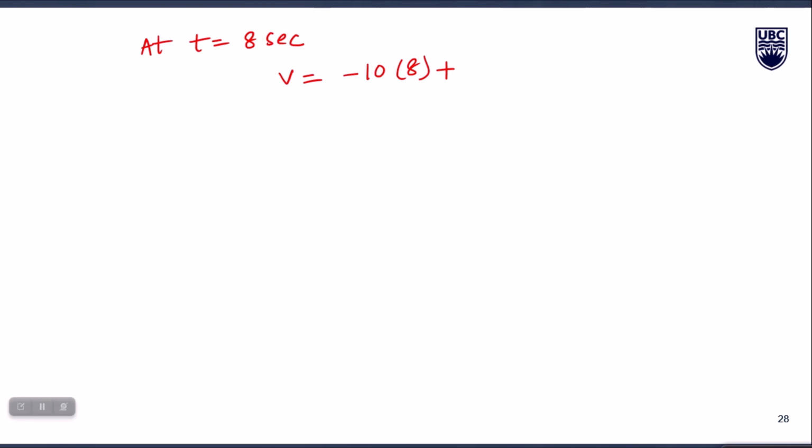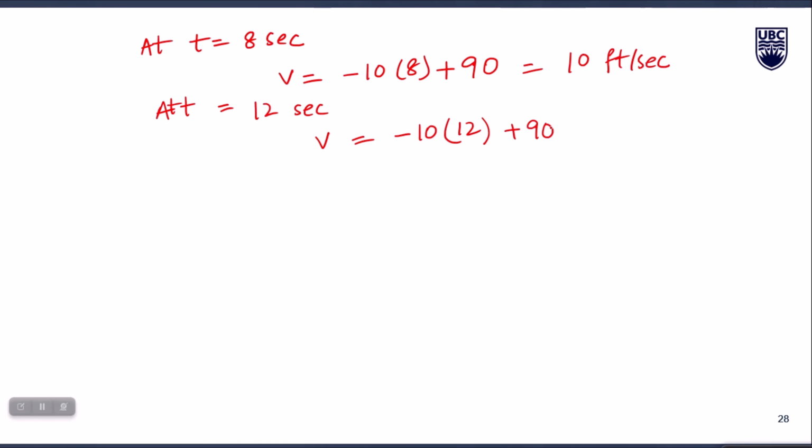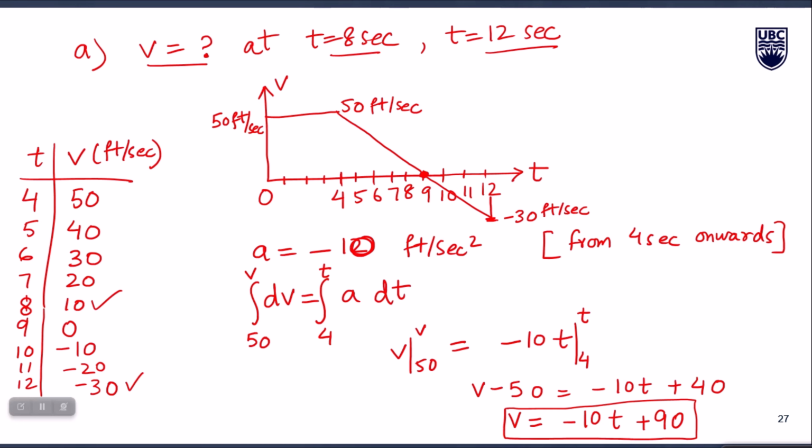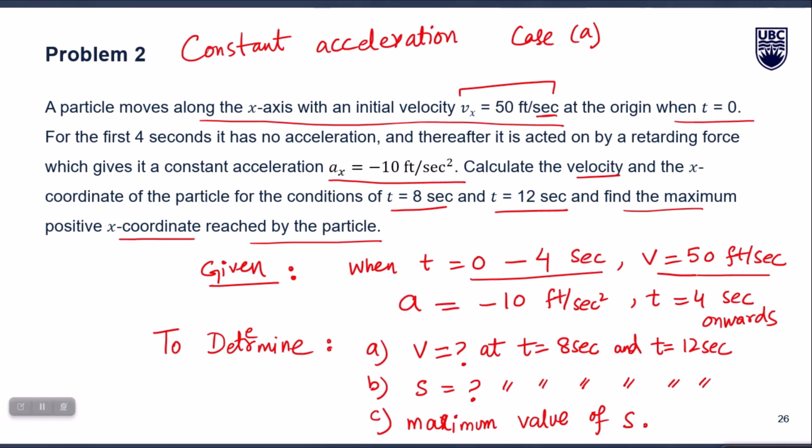So it will become 10 feet per second, and then at t equal to 12 second, you can carry out the same thing. V is equal to minus 10 times 12 plus 90, which is equal to minus 30 feet per second, right? So the first question is answered already, the value of velocity at two different time instants.